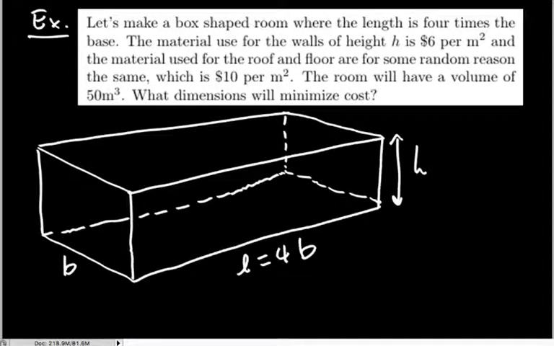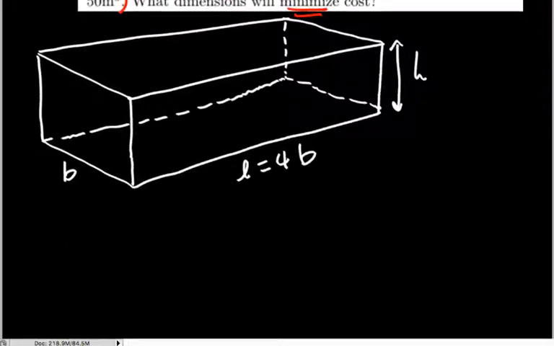So I'm going to underline some of the information so we can know things. Goal is minimize. Volume is that. Length is 4 times the base. The height of the wall is just h. Alright, so we have volume, so let's just get an equation for volume.